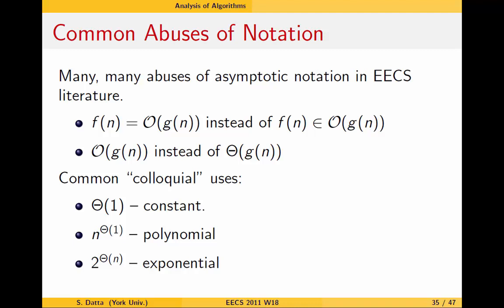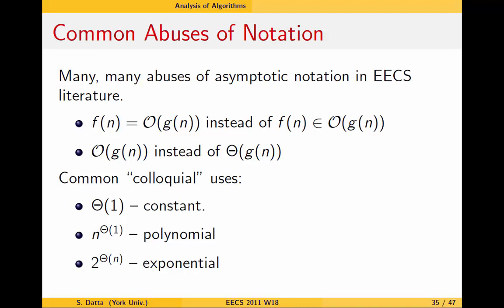Sine of anything is between -1 and +1. So it satisfies the definition of theta 1, even though it's not a constant. But colloquially, since those kind of weird functions don't occur in runtime analysis, we associate the word constant to theta 1.